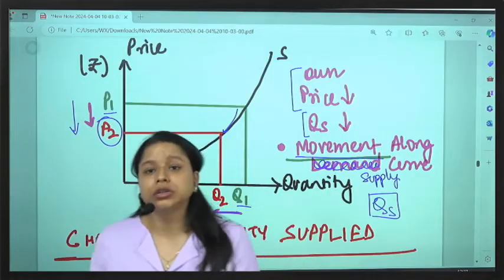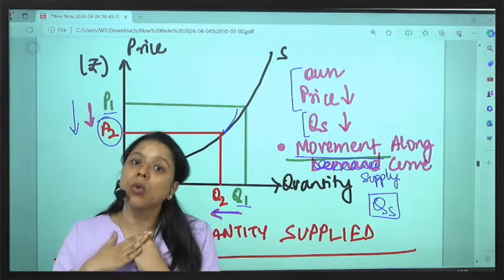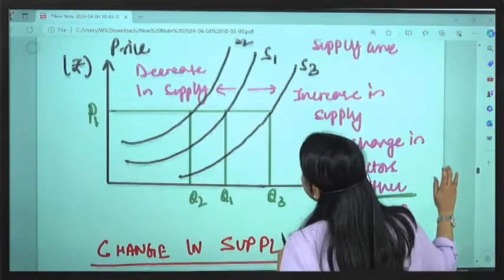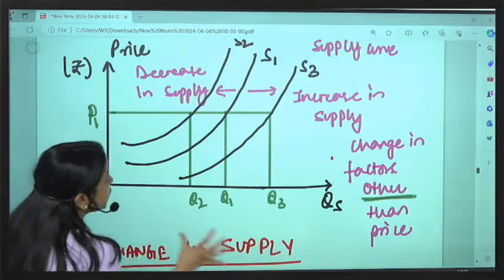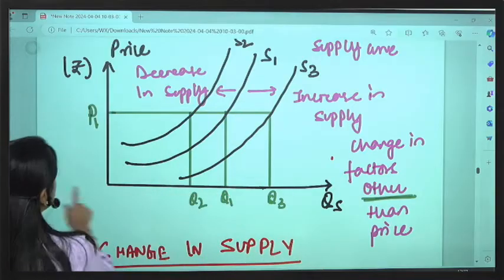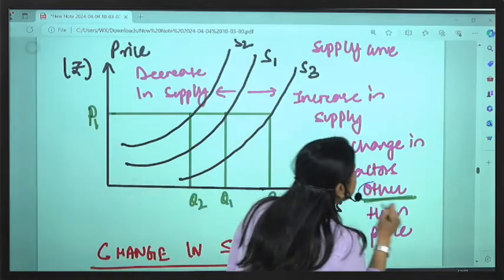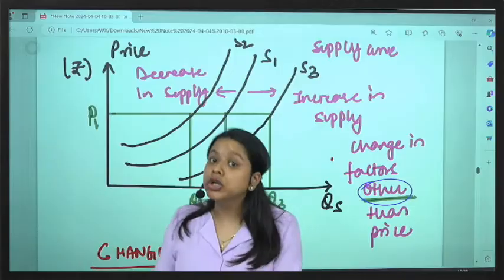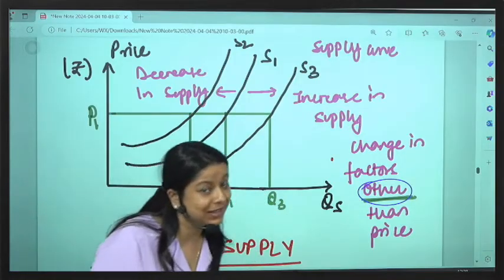Change in the other factors when there is no change in my own price, in the price of the commodity concerned. In that case, similar to demand, there is a change in the supply. This takes place when there is a change in the factors other than the own price of the good or service. So for example, there are other factors that we'll be discussing.